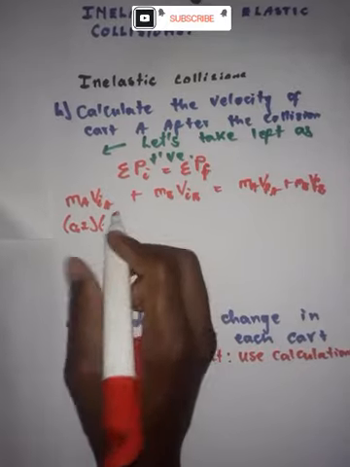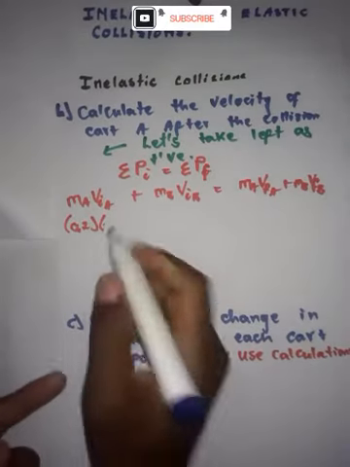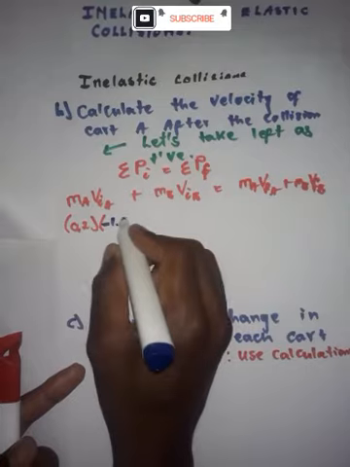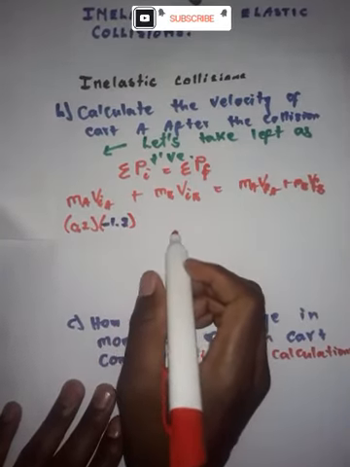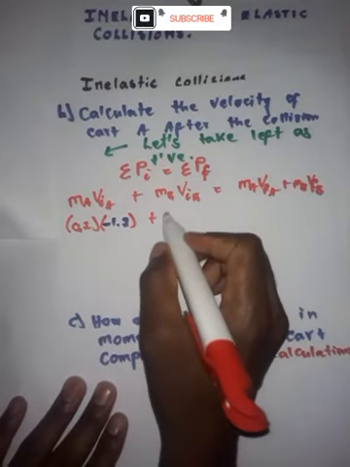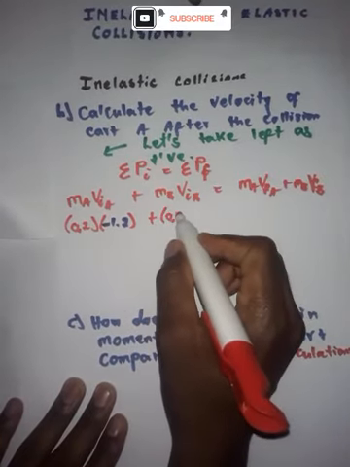So the velocity initial for this one is going to be minus 1.2, since it was traveling in the opposite direction. Then we add this one, where the mass is 0.35.